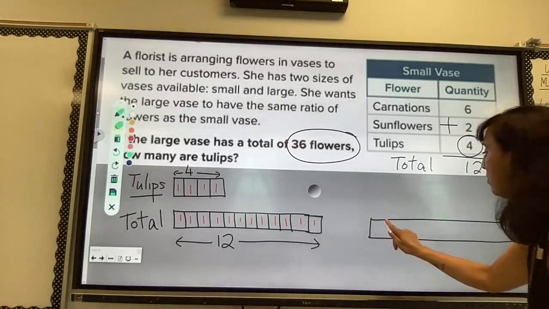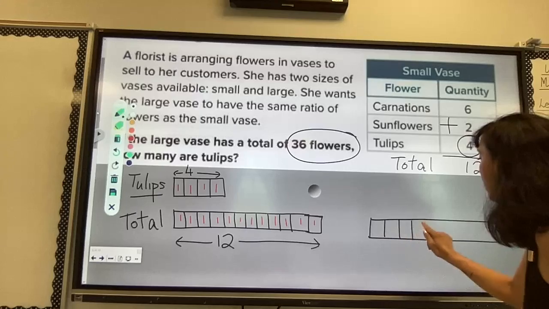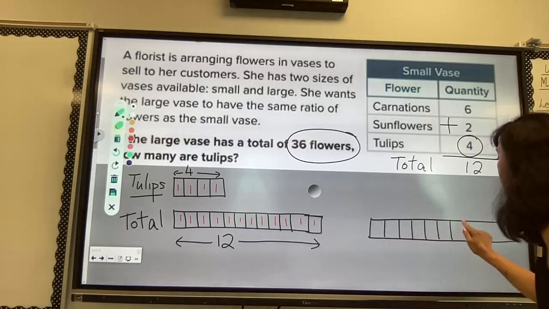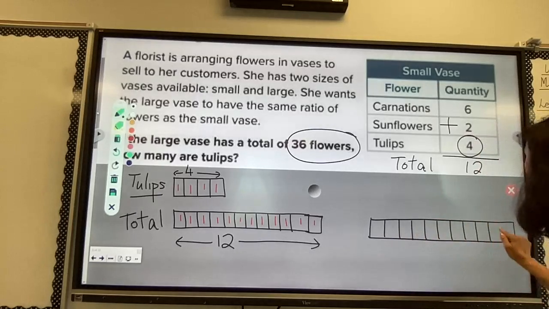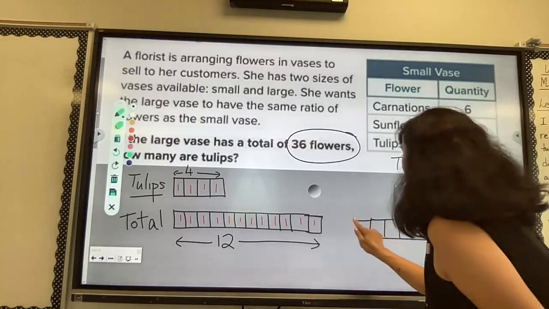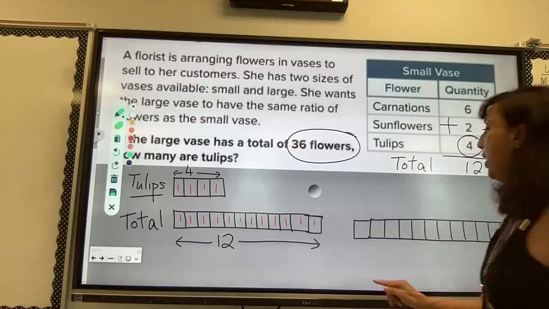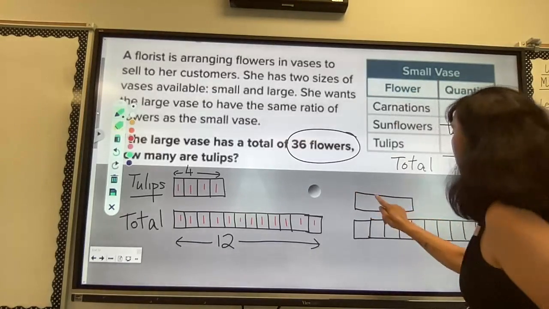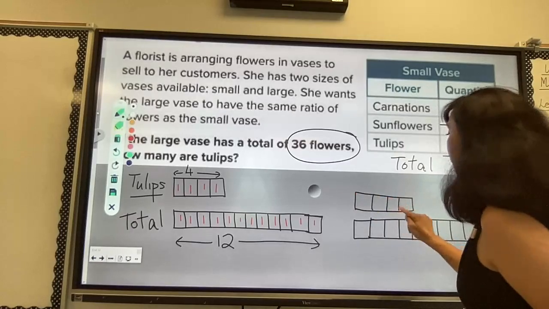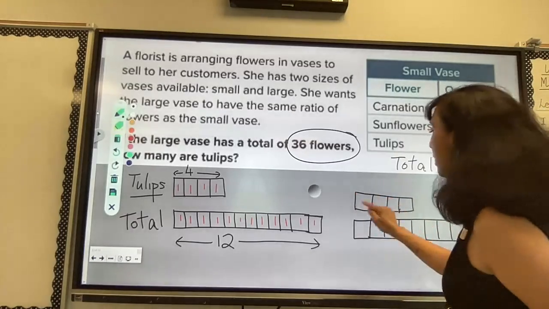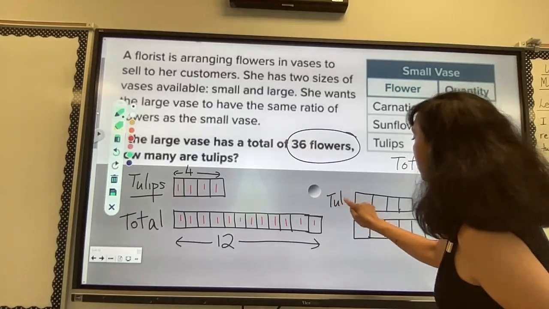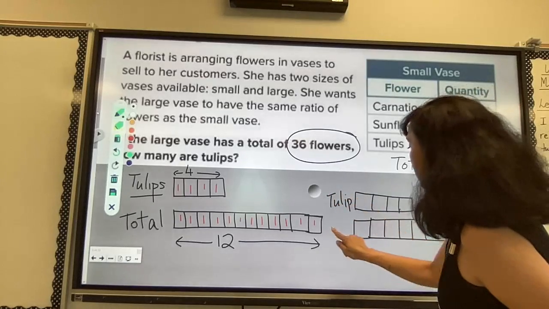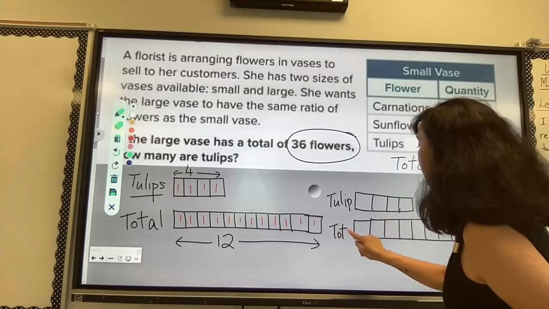So each of these is 1 through 12, and then I have my 1, 2, 3, 4. These are my tulips, and this is my total.